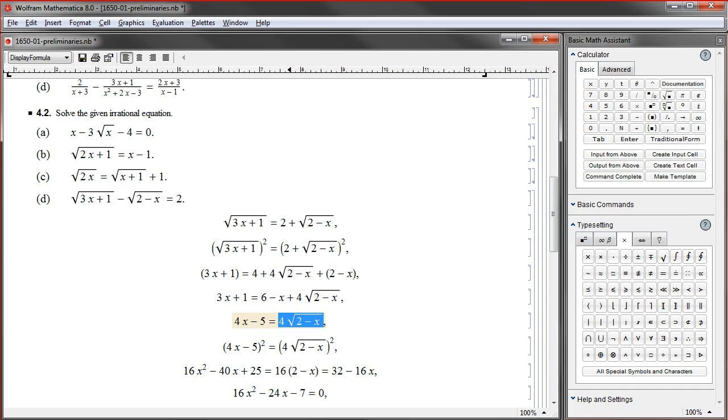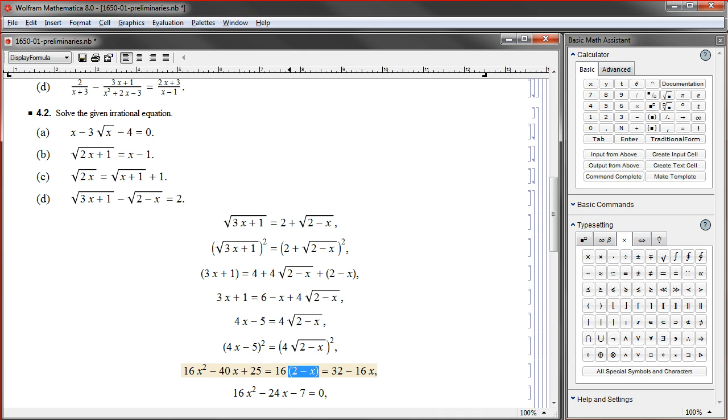If you square this one again, then the left hand side will be a complete square. The right hand side will be square root squared again, so the square roots will cancel each other out. Precisely speaking, 4 squared is 16, and the square root of 2 minus x squared will be just 2 minus x.